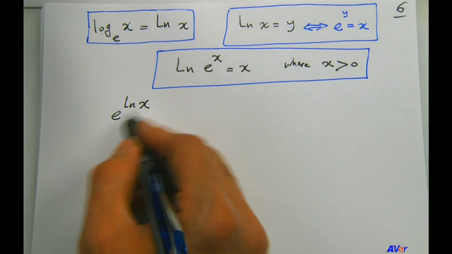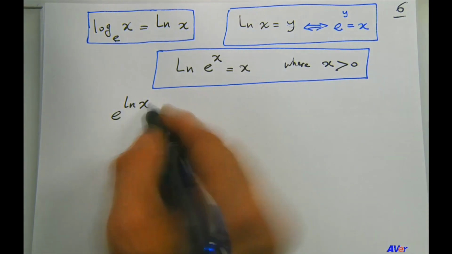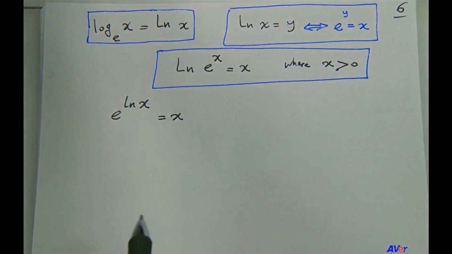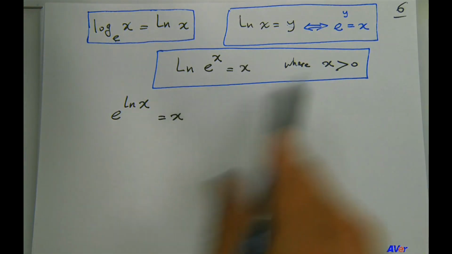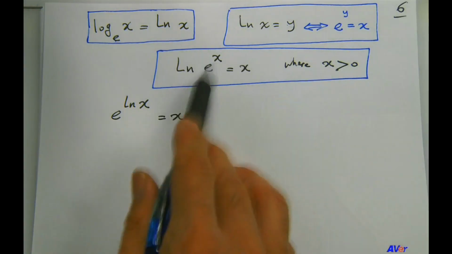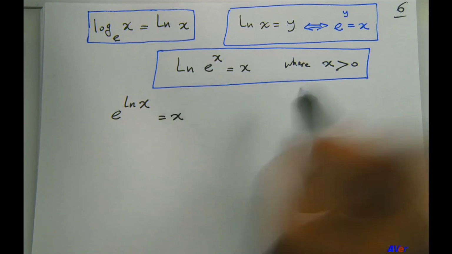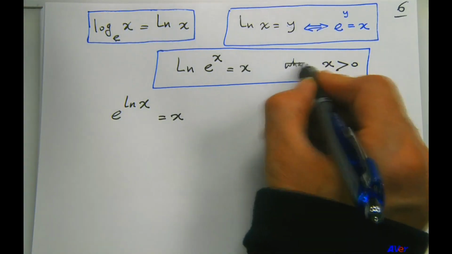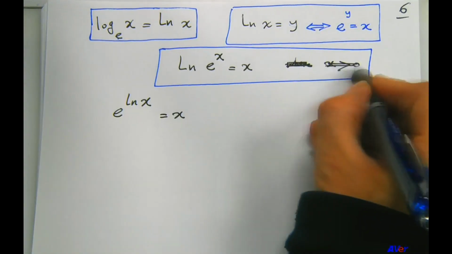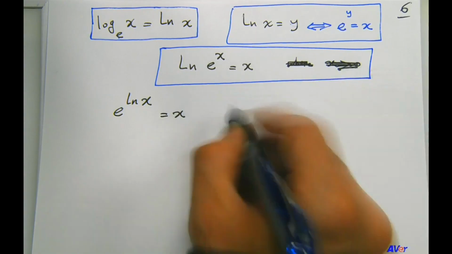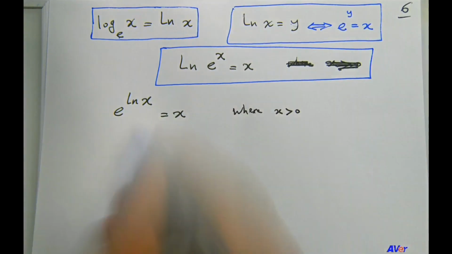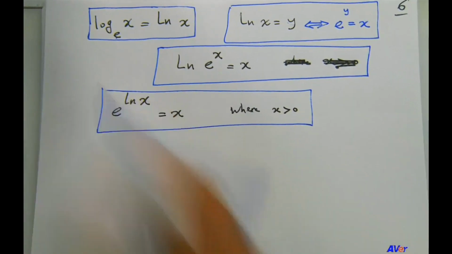Do you remember this from previous classes? e to the natural log of x is equal to x. Well, this actually belongs here, so let me not include that there. It's just where x is greater than 0.